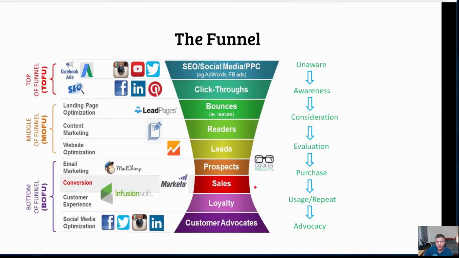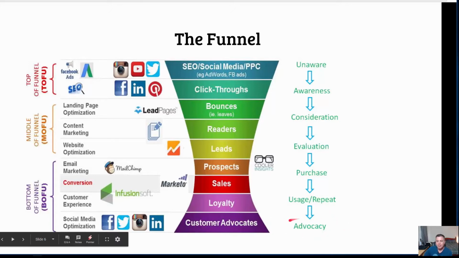Now, I think people get this wrong, because the funnel doesn't end at the sale. The funnel continues into a loyalty program. So if you've done your job right as a business owner, then you should have built a relationship with your customer by now, and hopefully they will be repeat customers. They keep coming back again and again, and you would have done such a good job that, right down the bottom here, they will become customer advocates, telling others about your product or service.